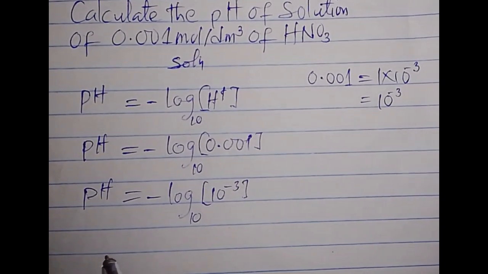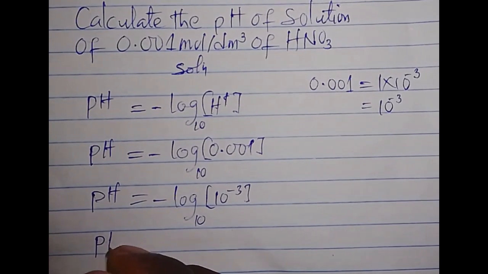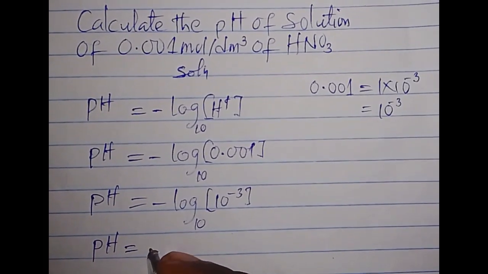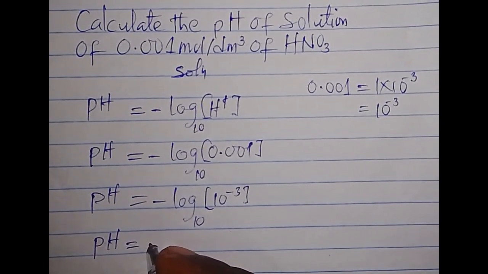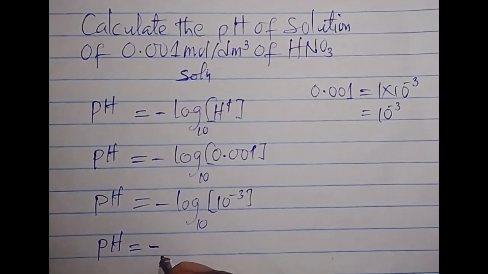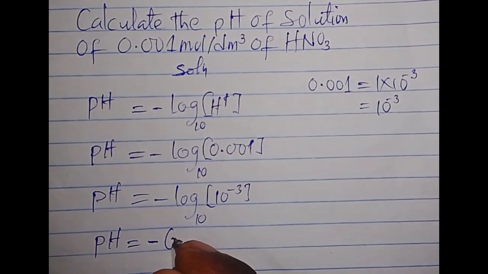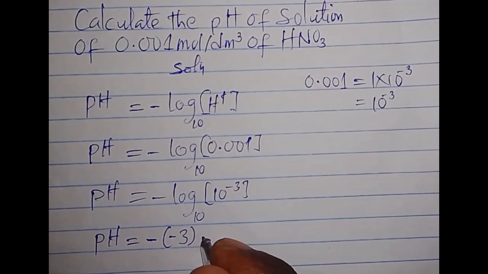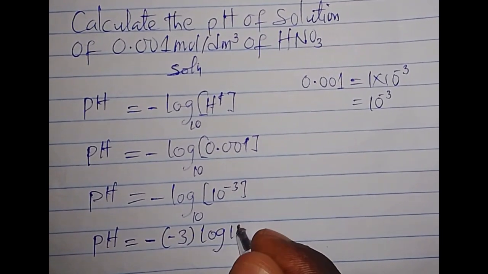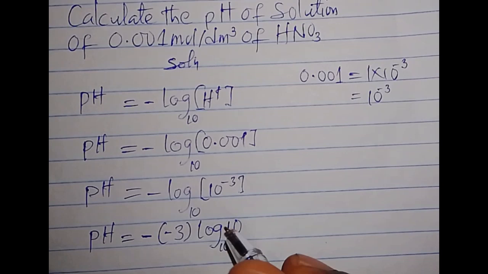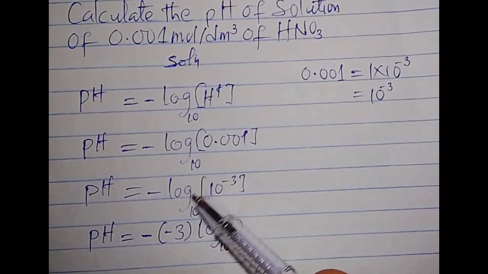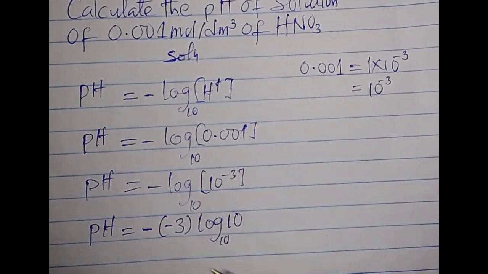So applying that property, pH now equals minus, open bracket, we'll bring down our minus 3, close bracket, log 10 base 10, because when you bring this down, you'll be left with 10 here and then the base.